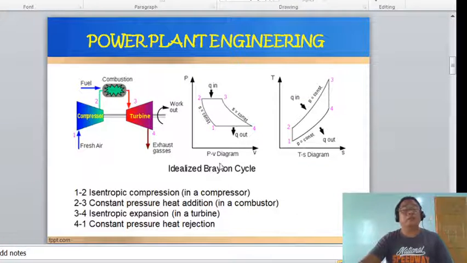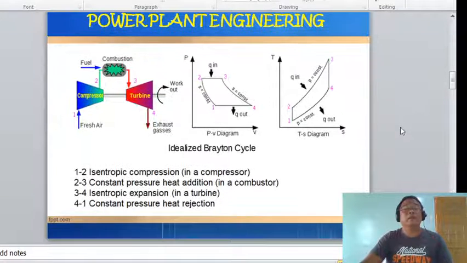So take note, class, that the Brayton cycle is a thermodynamic cycle utilized by a gas turbine. A Brayton cycle is composed of two isentropics and two isobarics. So that is the composition of the cycle.